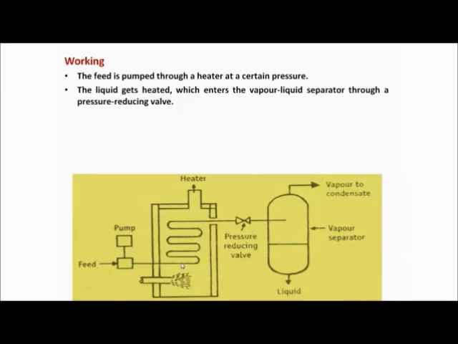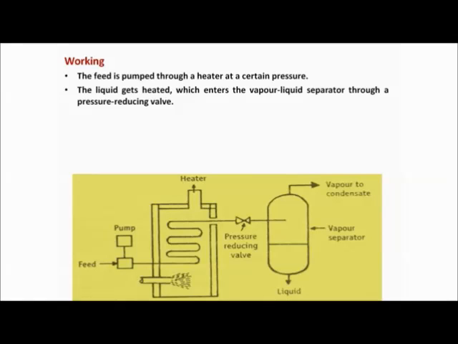Now you see the liquid gets heated. Once the liquid has passed here, it gets heated and enters the vapor liquid separator. So this is the vapor liquid separator, right? When this feed, after getting heated, is pumped at a high pressure by using a pump, it enters the vapor liquid separator.